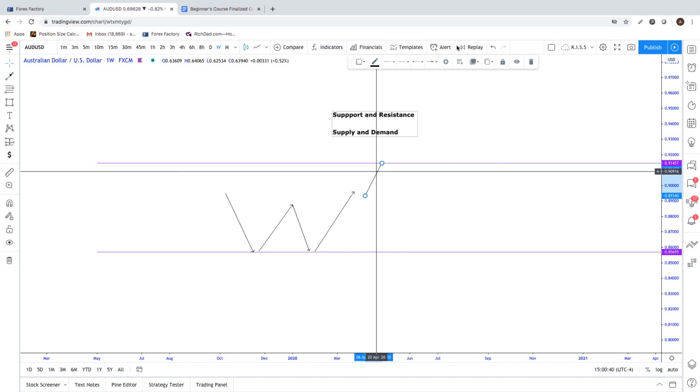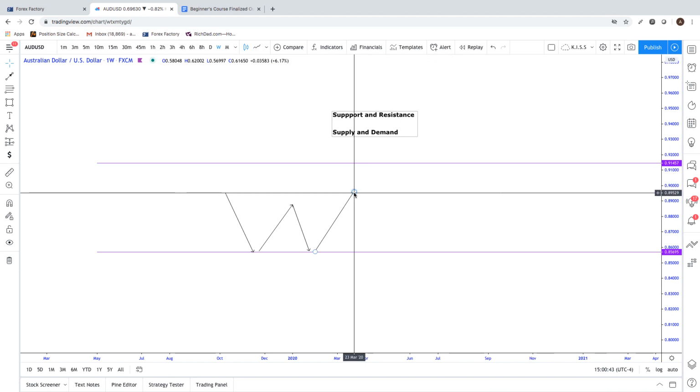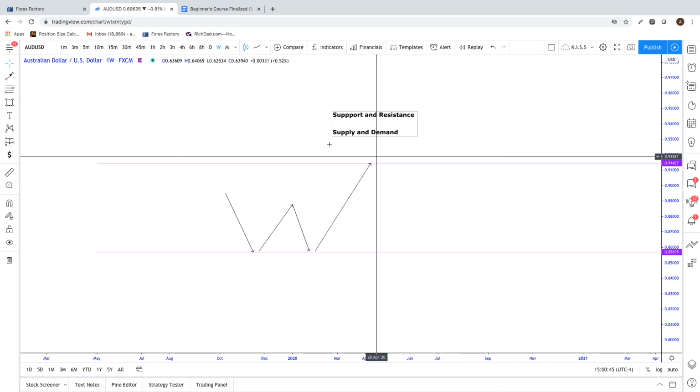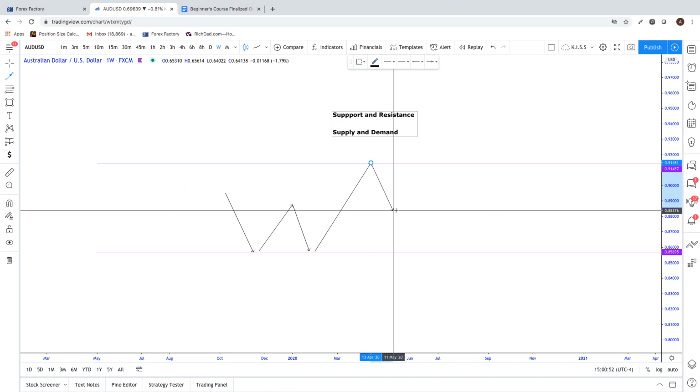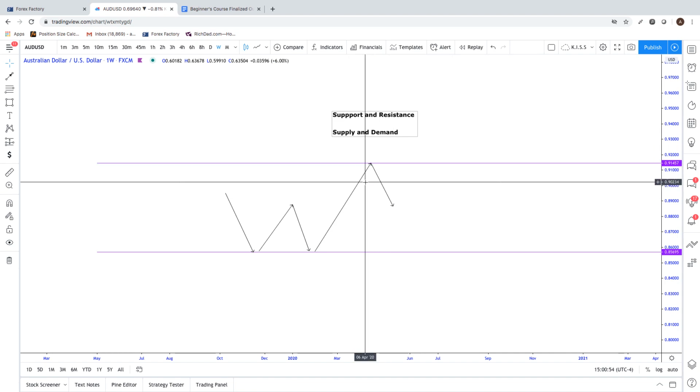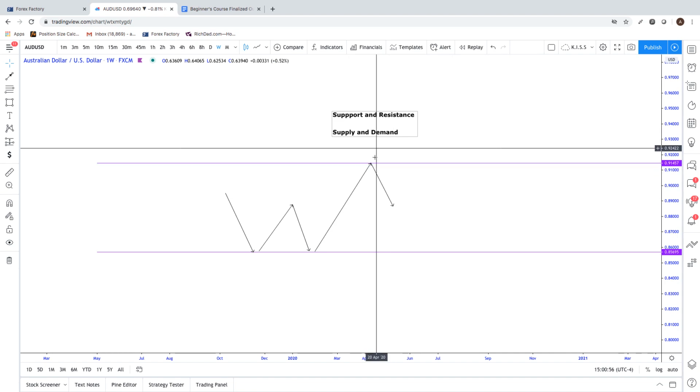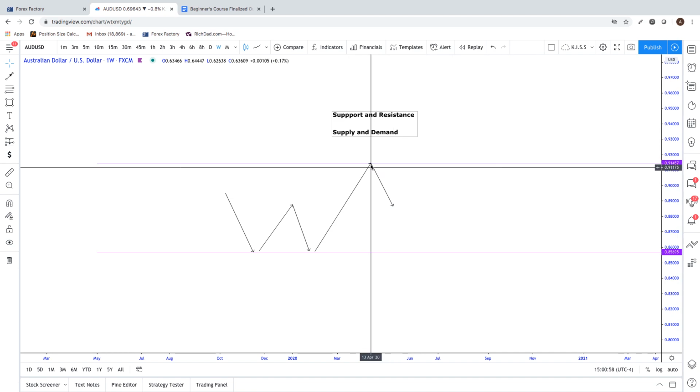Oftentimes price will come to a level where sellers find it attractive enough, a good enough price to sell. Therefore we have created a resistance where price doesn't push past this level. It's being resisted.